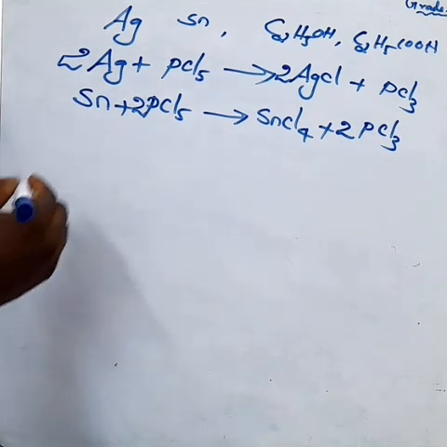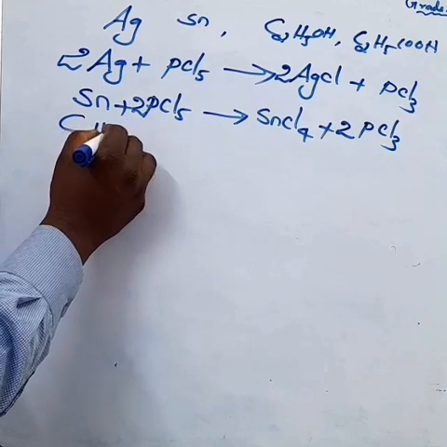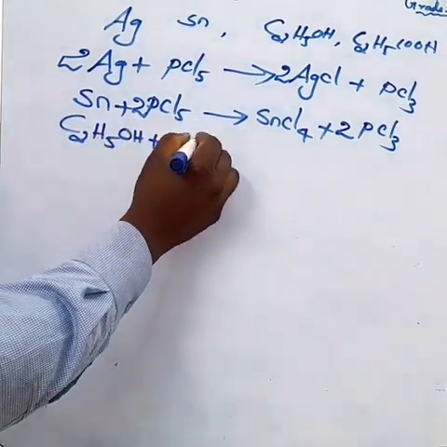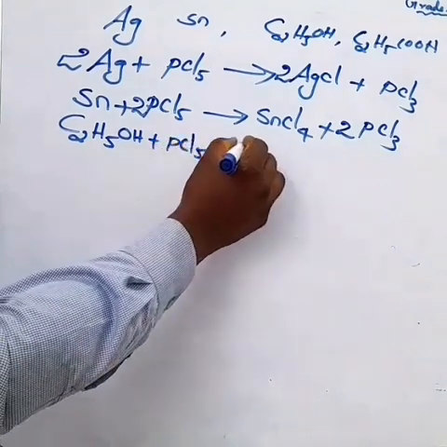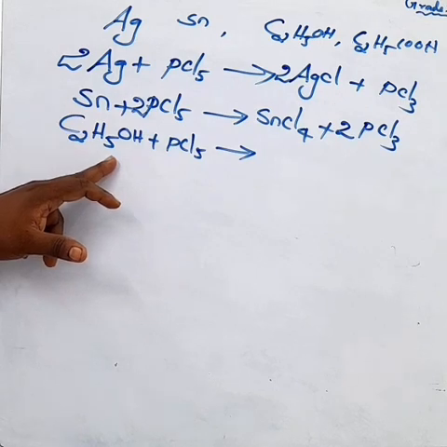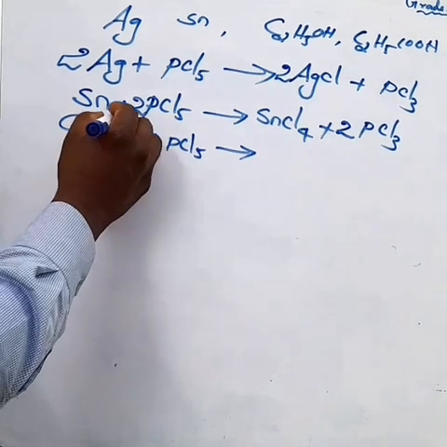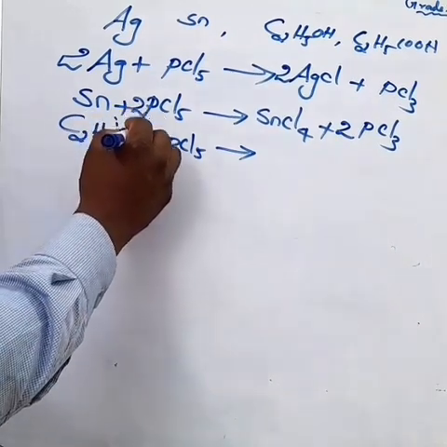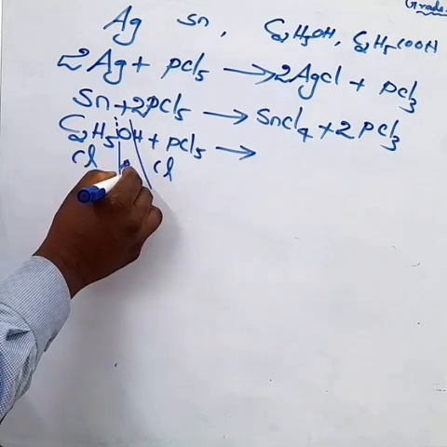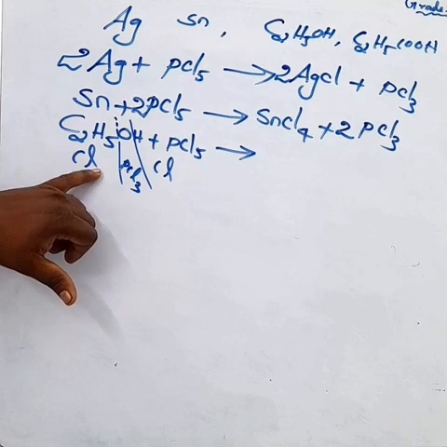Next, we can write how phosphorus pentachloride reacts with ethyl alcohol and also propanoic acid. What is the formula of ethyl alcohol? C2H5OH. This one reacts with PCl5. What is happening here is one of the hydrogens from ethyl alcohol reacts with PCl5.